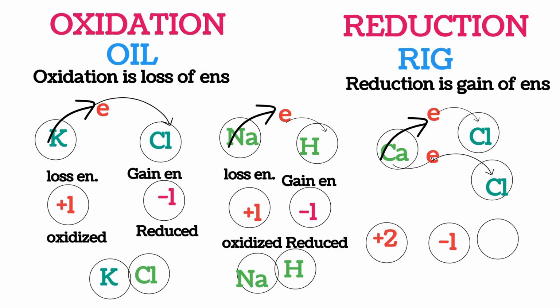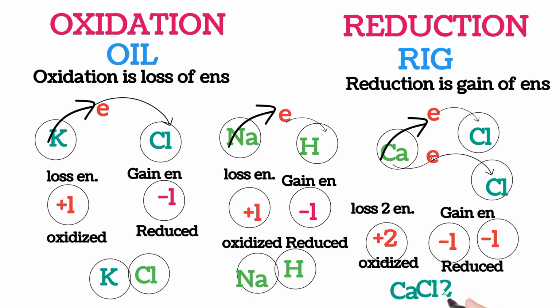So calcium will become positively charged and become +2, while each chlorine atom will become negatively charged and become -1 each. Calcium has lost 2 electrons, so it is oxidized, while each chlorine atom has gained an electron, so they are reduced, and they will end up forming calcium chloride as a compound.